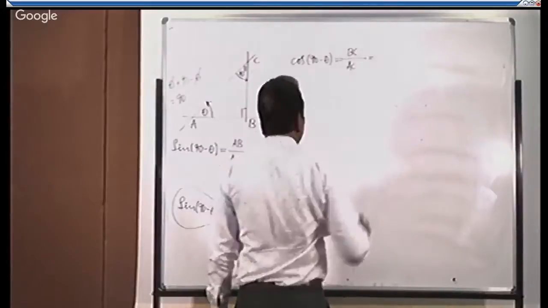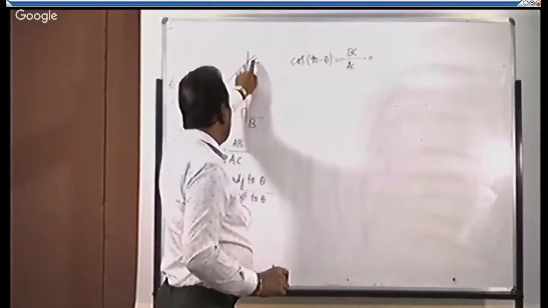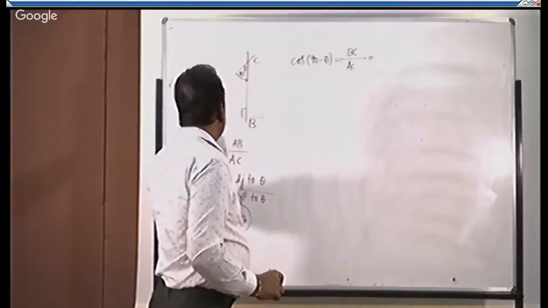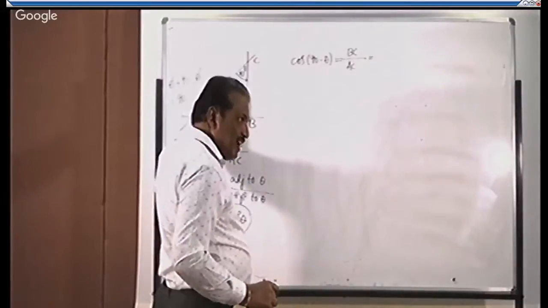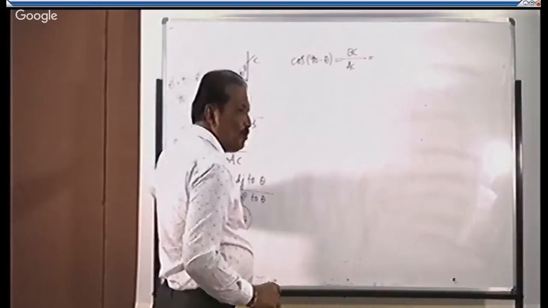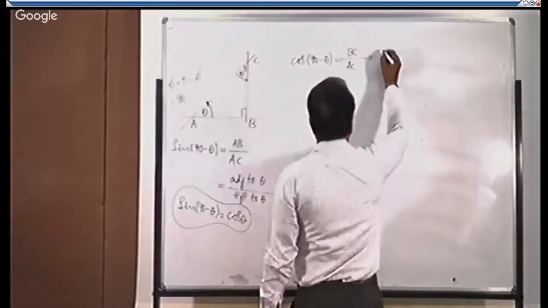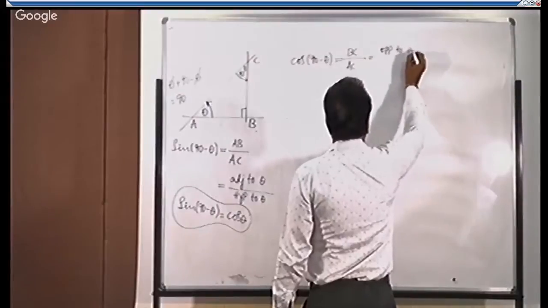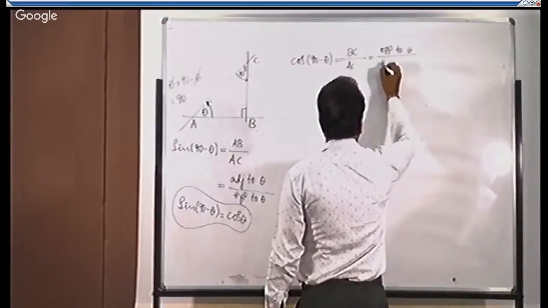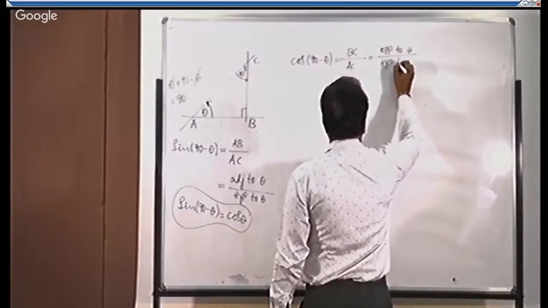So I can say BC is simultaneously the opposite side for theta. BC is adjacent to 90 minus theta. At the same time, it is opposite to theta. That's why I write BC as opposite to theta, and AC as hypotenuse to theta.